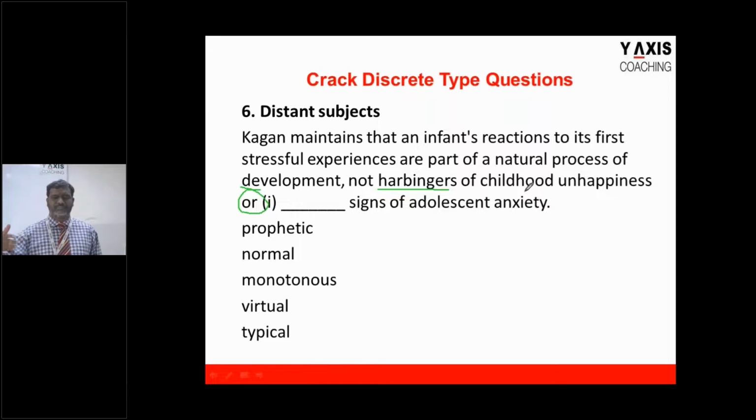There is a sign that is to come. And you're talking about infant, right? So childhood, adolescent, this is all very futuristic. So the only word that goes with the blank is prophetic there. So prophetic will be the answer because only a prophetic sign, a future sign, is going to fit the sentence that comes here.